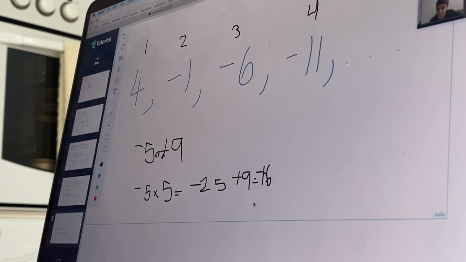Okay, good. And now have a go at finding the 10th term. So 50. Positive or negative? Negative 50. Well done. Good. Add 9 equals 41. Negative 41. Yeah, perfect. Negative 41. Well done.